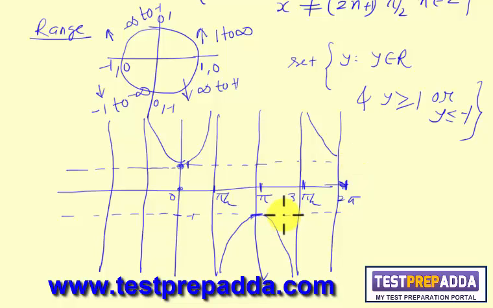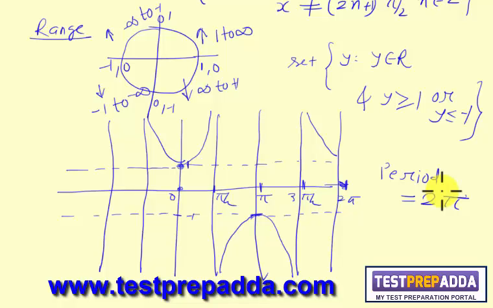Getting the idea? This is the range for sec x. And here the period is 2 pi.